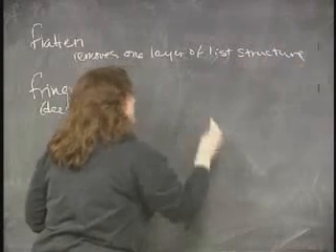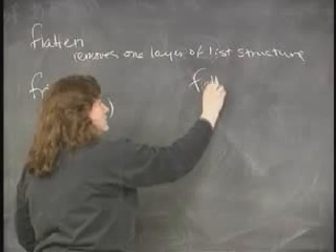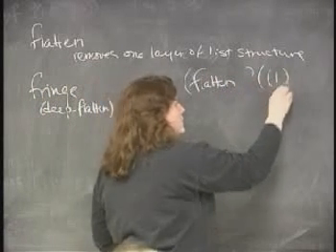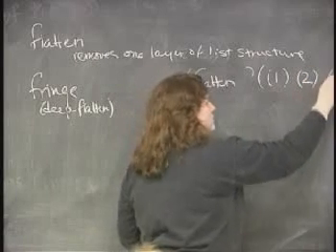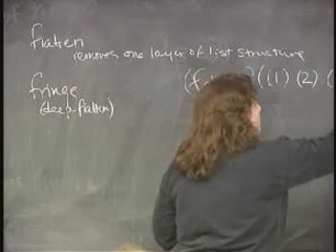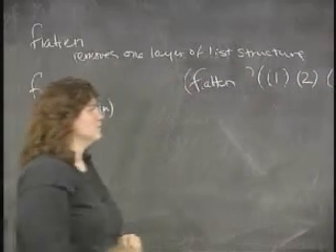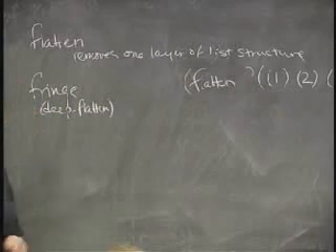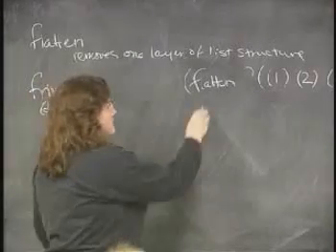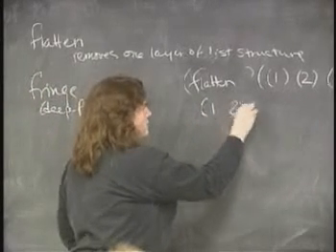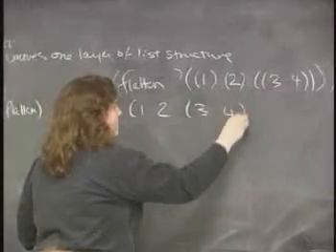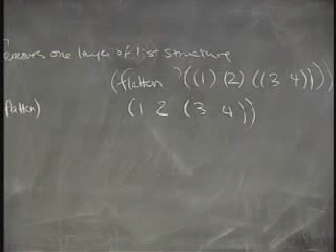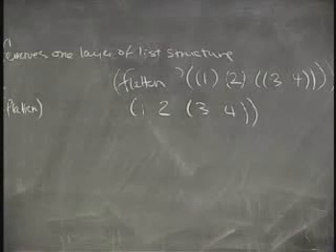So let's say we did a flatten on the list 1, 2, 3, 4. Well, what flatten would return is the list 1, 2, and then the list 3, 4. Okay, so it's not going to flatten everything out. It'll flatten that top layer, one layer only.